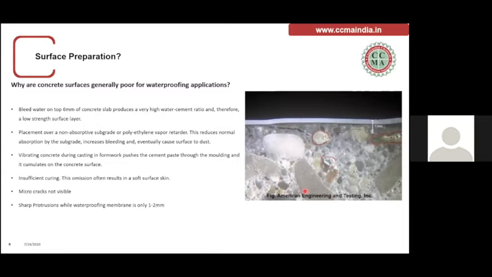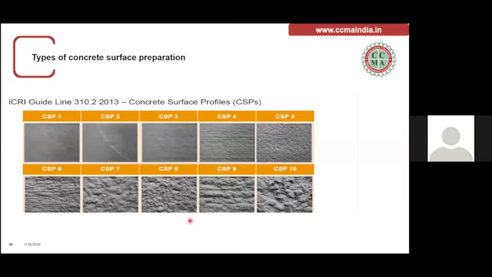And sharp protrusions: say you have an unattended sharp object on the concrete over which you are doing a 1 mm, 2 mm or 3 mm membrane, which is very thin. When you have vehicular traffic or a fire tender moving on the podium, that can potentially give us trouble. So, there are the ICRI guidelines, which I'm presenting, from CSP1 to CSP10.